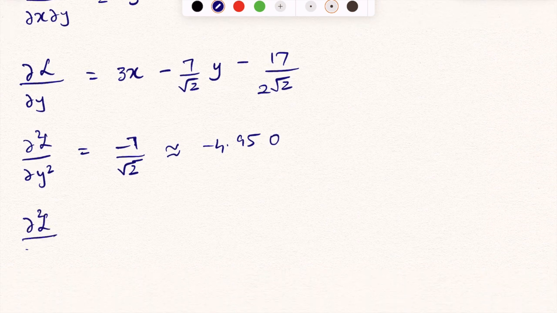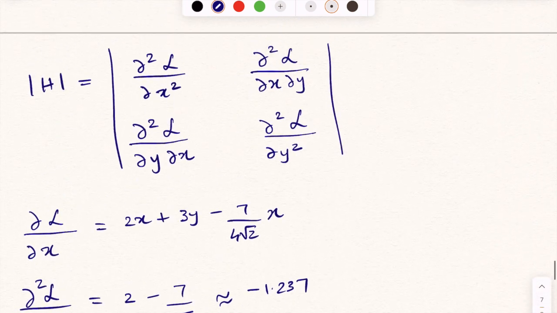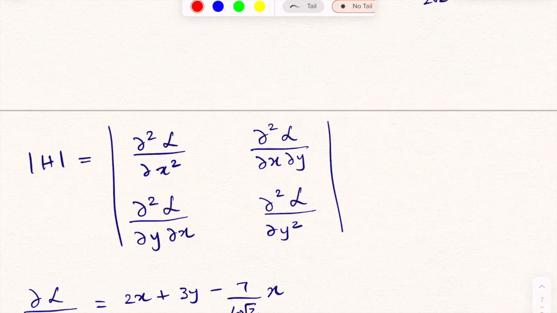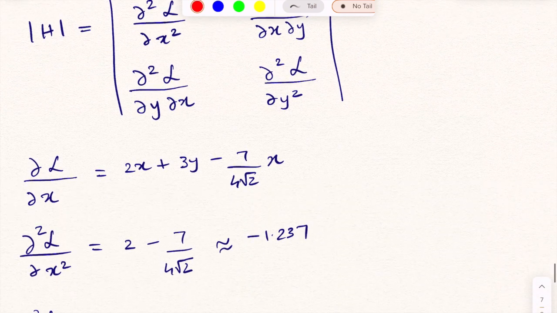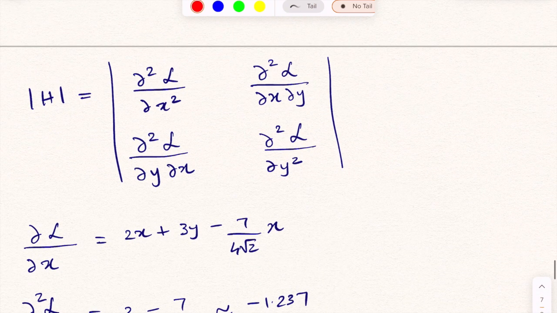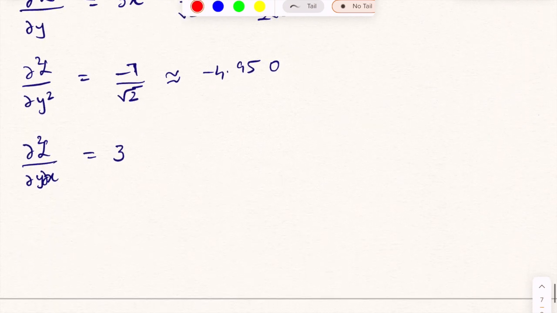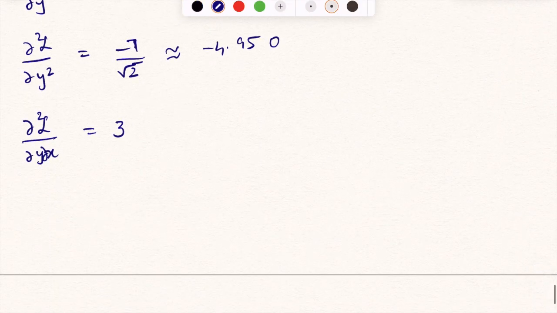Derivative with respect to y and then with x, which is just taking the derivative of this right here with respect to x, is 3. And so at this point we have everything we want to fill out our Hessian matrix, and the concavity check is simply its determinant, which is why we have the symbols for the determinant, of course. So let's go ahead and do that.